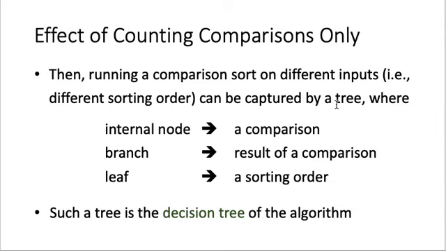The tree has internal nodes, each internal node corresponds to a comparison, and the branches of the internal node correspond to the results of the comparison. Finally, each leaf of the tree represents a particular sorting order. This tree that captures the running of a comparison sort on different inputs is called the decision tree of the algorithm. So let us see an example.